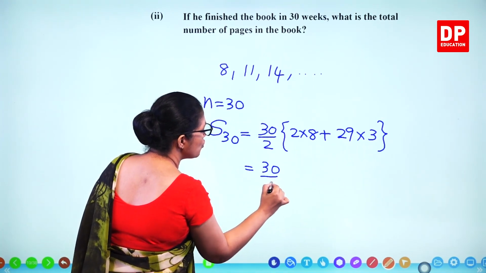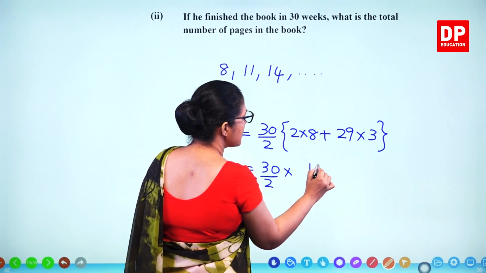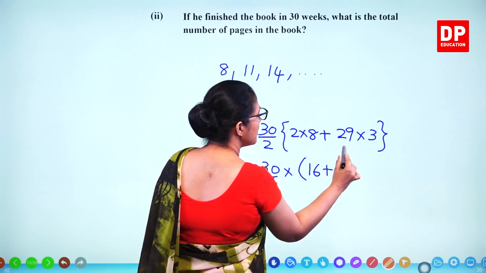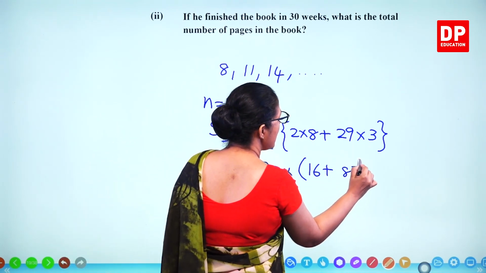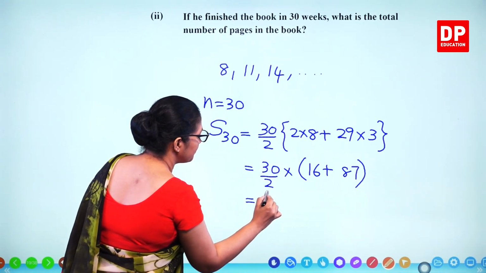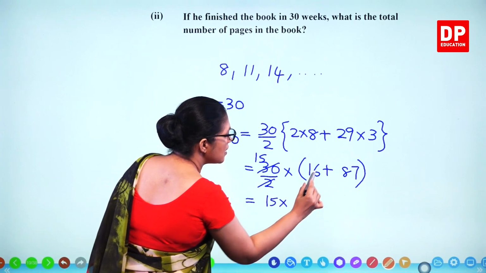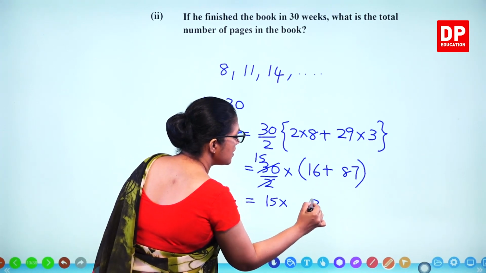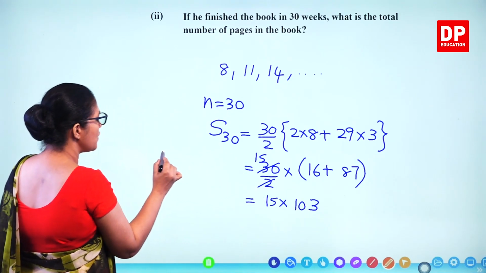What's the total? 30 divided by 2. 16 plus 87. 3 times 29 is 87. 15 times 103.